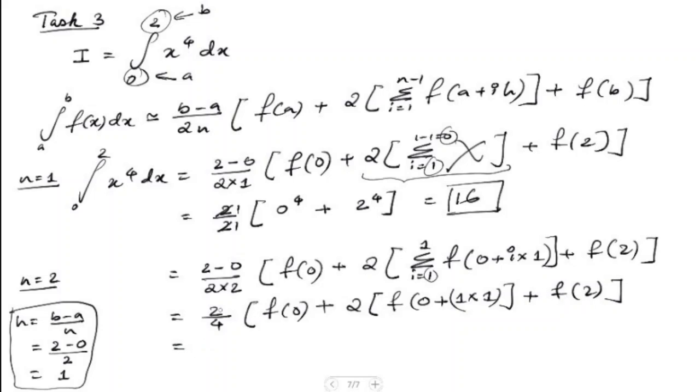So here we have 1 over 2 times f of 0, or let's replace f with the function itself.